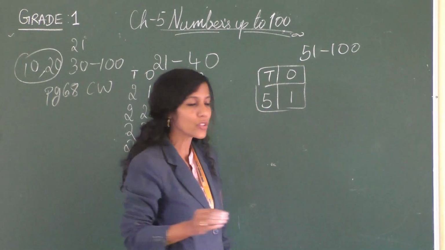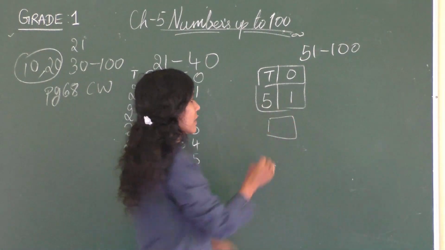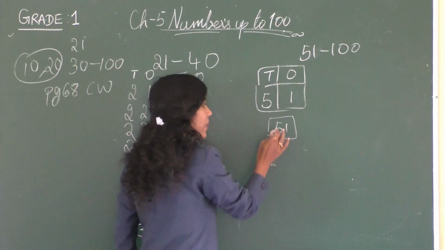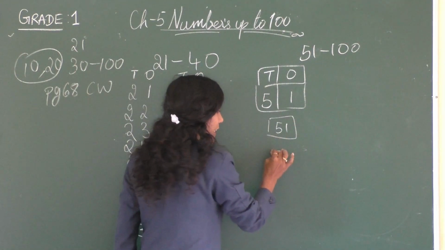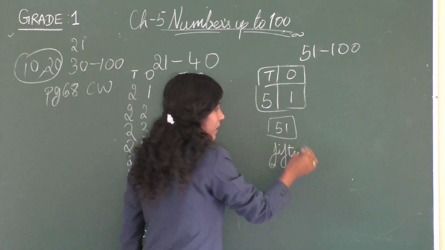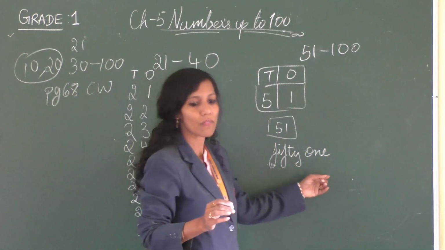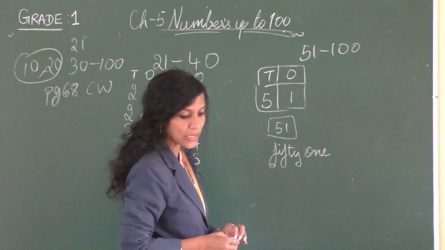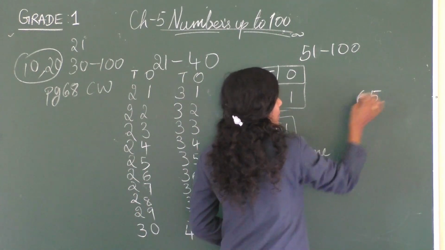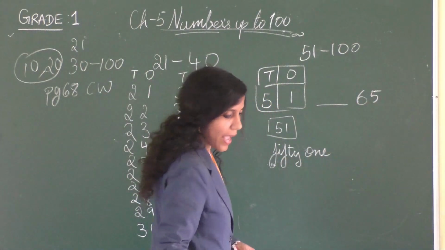One box is below, where you write this number as 51 and write the number name. The spelling of 50 is F-I-F-T-Y, then O-N-E, 51. Similarly, you have to do till 65 as your classwork.